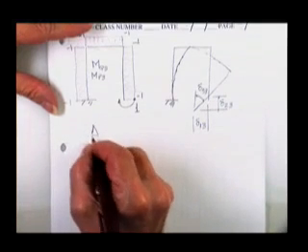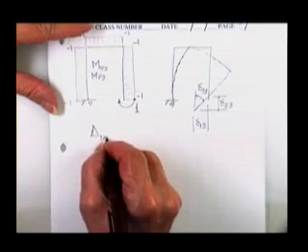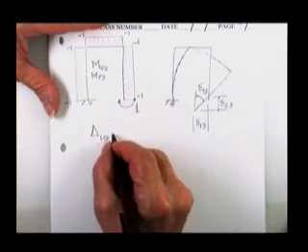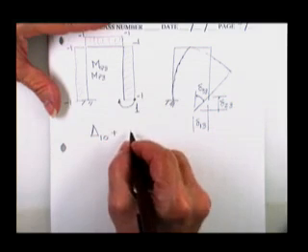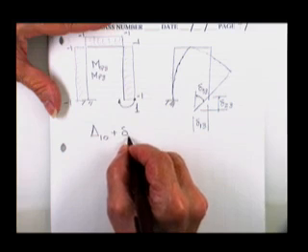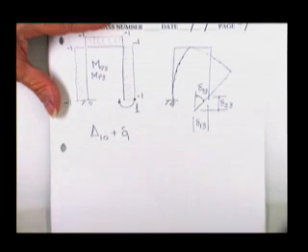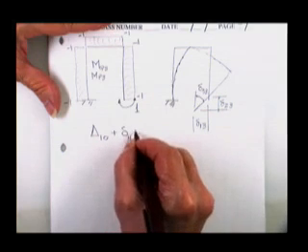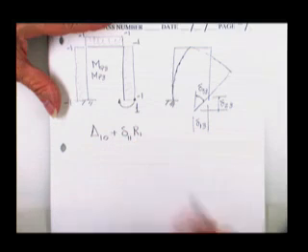The deflection in the number 1 direction, because you put some real loads on a goofy structure that wasn't true, plus the deflection in the number 1 direction due to a unit load in the 1 direction times R1.